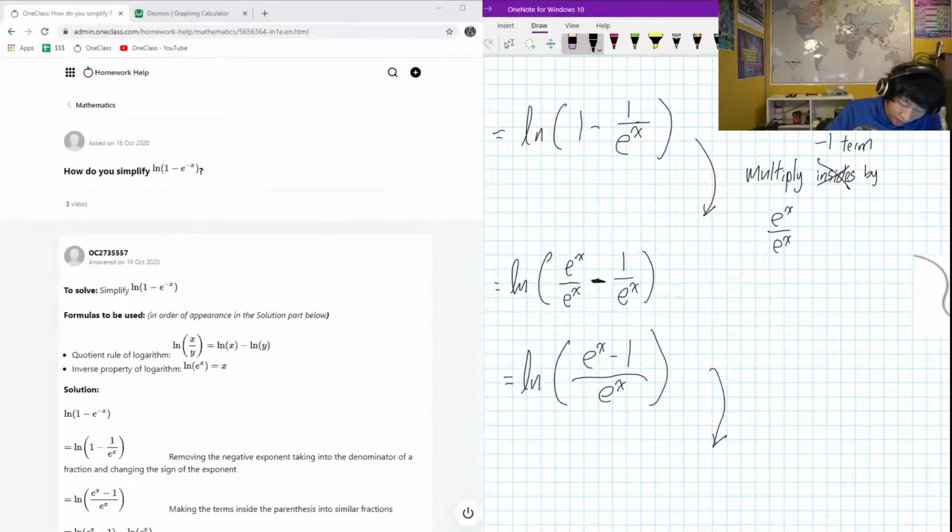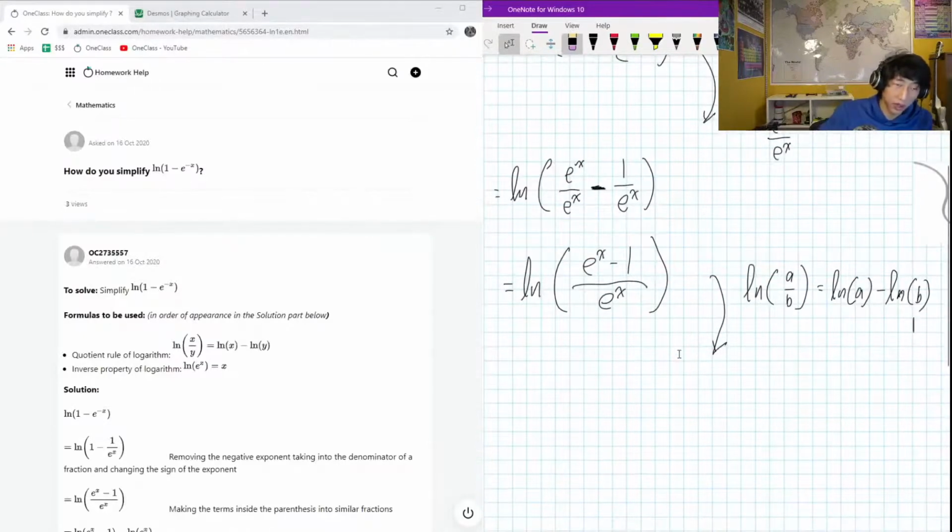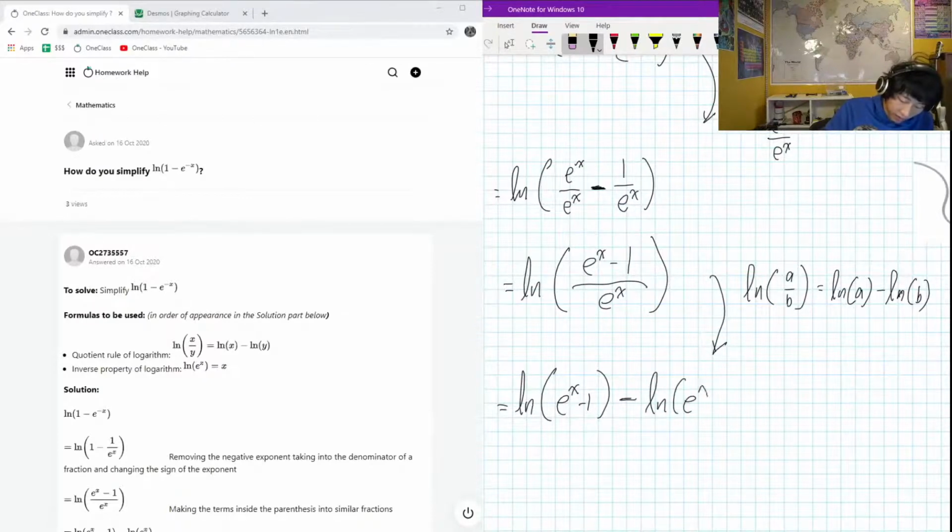And the next thing that we want to keep in mind is that natural logarithm of a over b is equal to the natural logarithm of a minus the natural logarithm of b. So we can break up this fraction and make this two individual terms. So this shall be natural logarithm of e to the x minus 1 minus natural logarithm of e to the x.